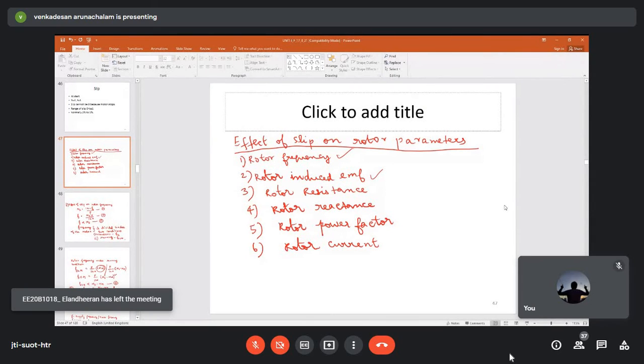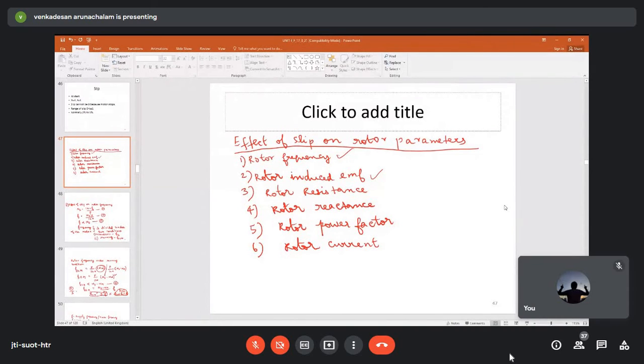Starting condition, slip is equal to 1, but only during the running condition it is having some effect. Or in other words, I can say it has influence on the rotor parameters both during the starting condition and during the running condition.